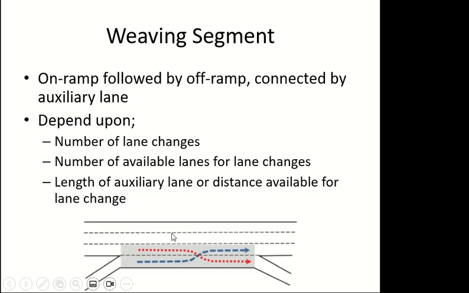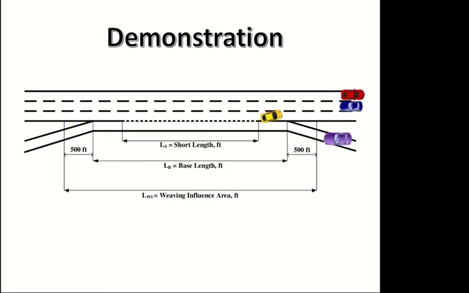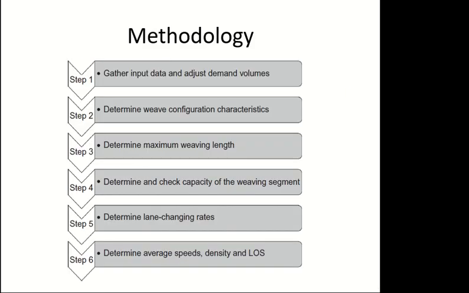Now there is no example here of 0 lane change. You have to at least make 1 lane change. If you make 0 lane changes, you will continue on the freeway, or if you make 0 lane change here, you will continue on the ramp. So we only have 2 weaving lanes, from which we have to at least make 1 lane change, for the ramp or the freeway.